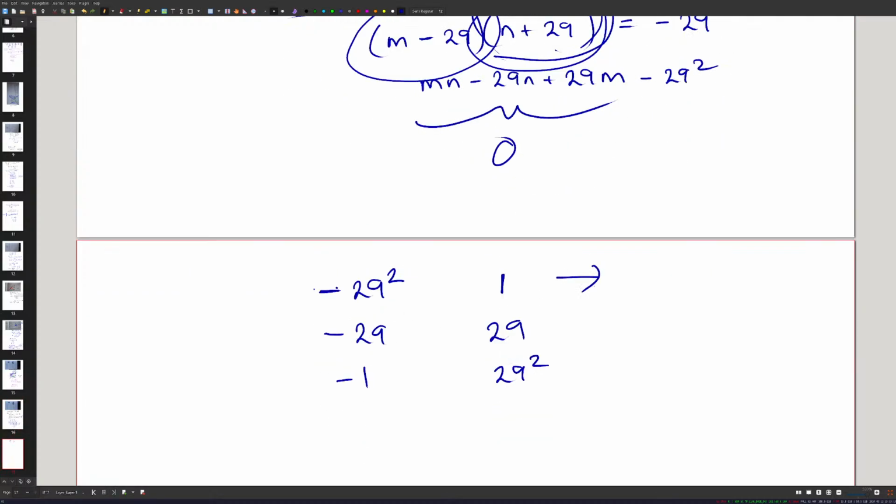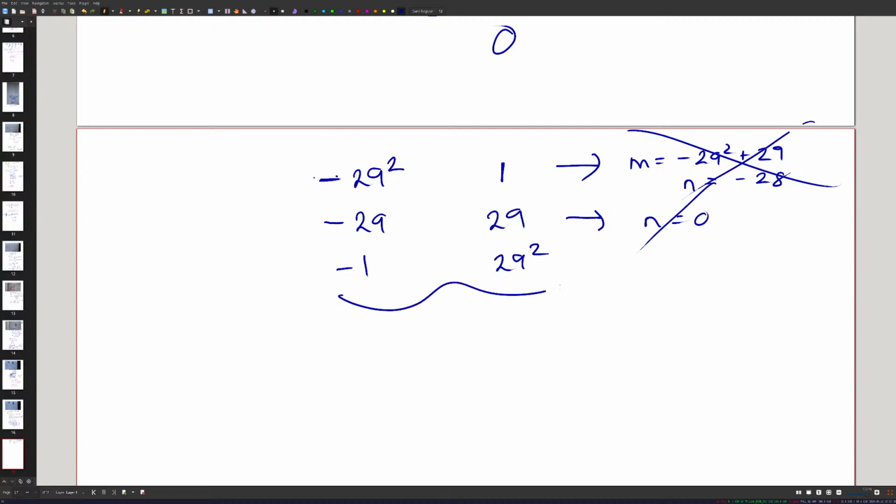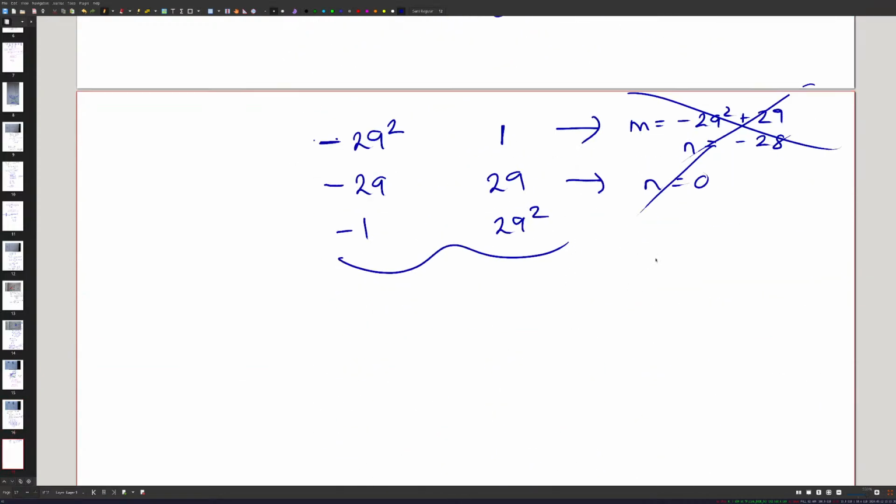In the first case, m is minus 29 squared plus 29, which is already not positive, and n is minus 28, so that's bad. In the next case, we'd have n equals 0, which is bad. So we must be in the case where m minus 29 is negative 1, and so m is 28.